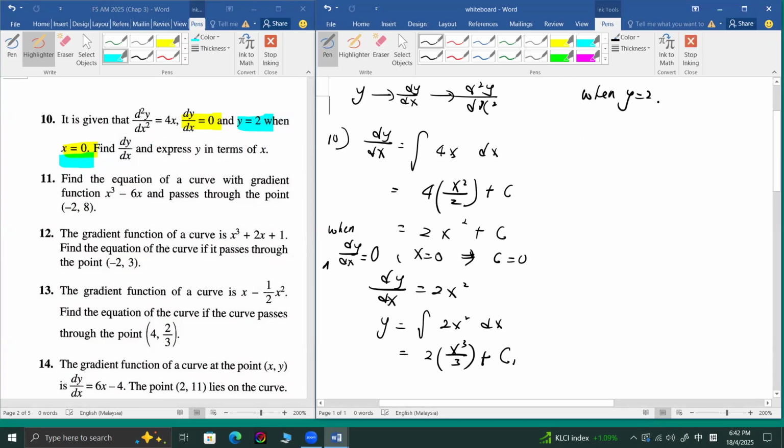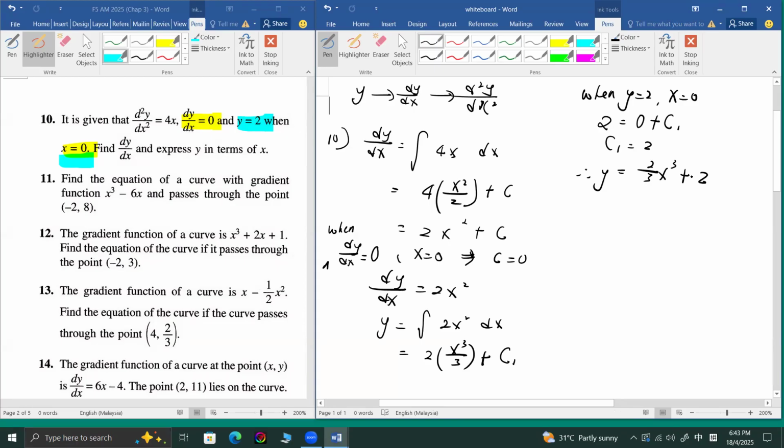So you substitute here, y is 2, x is 0. Then you get c2, where c2 is 2. Okay, substitute here. y is 2/3 x cubed plus 2. Okay, done.